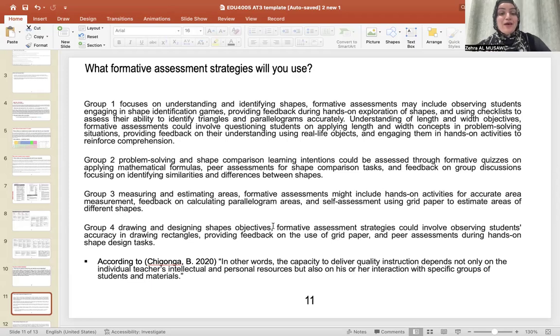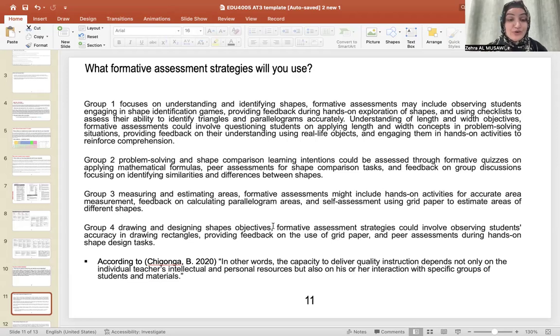For group 3, measuring and estimating area, formative assessment might include hands-on activities for accurate area measurement, feedback on calculating parallelogram area, and self-assessment.